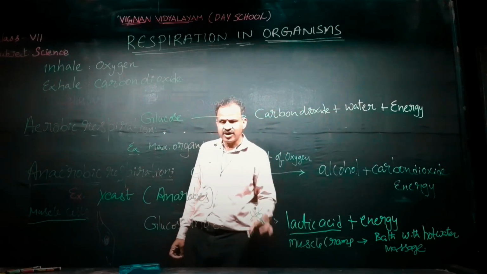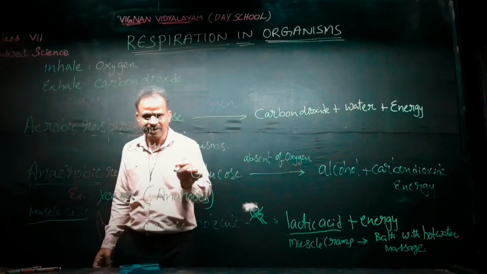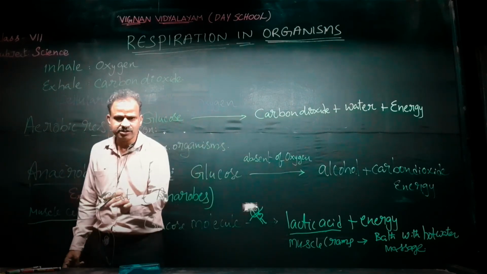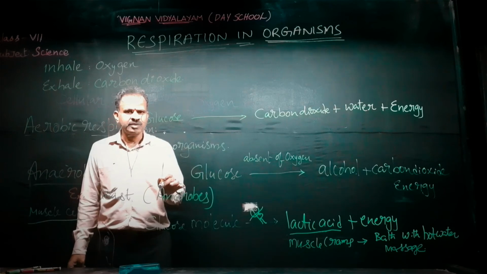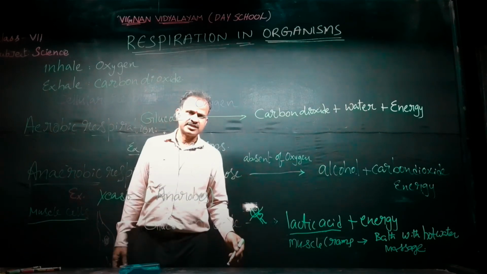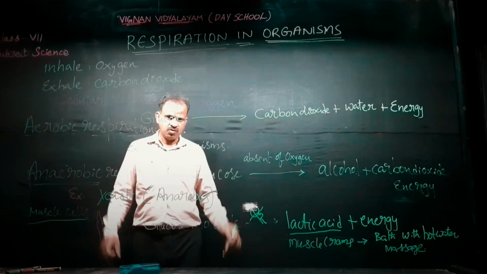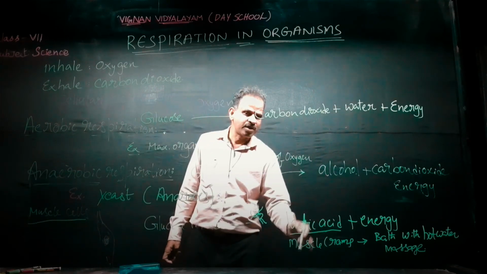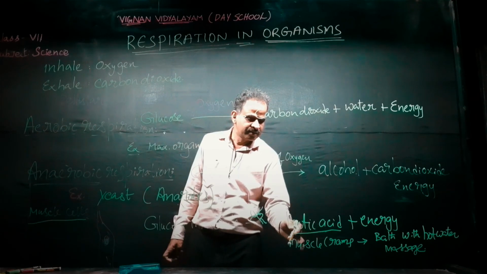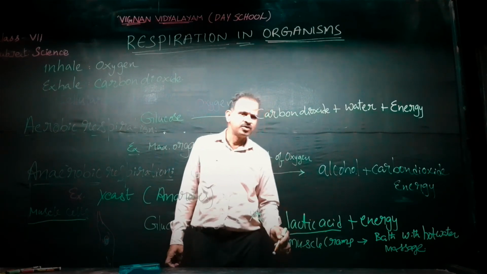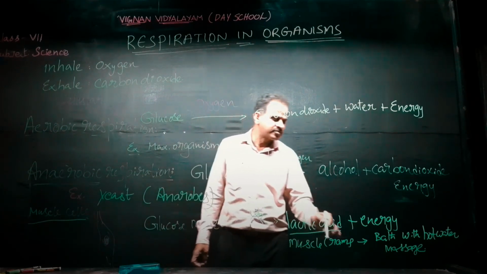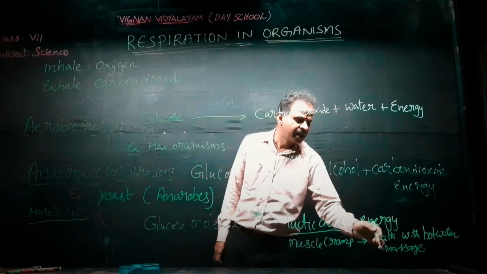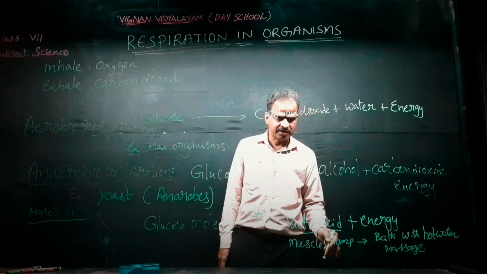Okay children, we can find this anaerobic respiration in the muscle cells after heavy exercises or heavy work. At that time lactic acid is formed. This lactic acid causes muscle cramps.